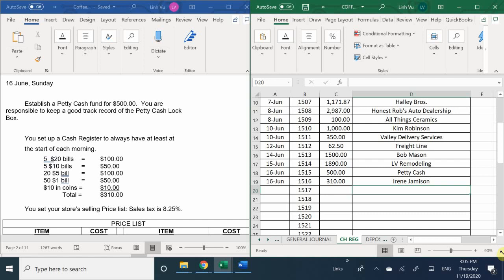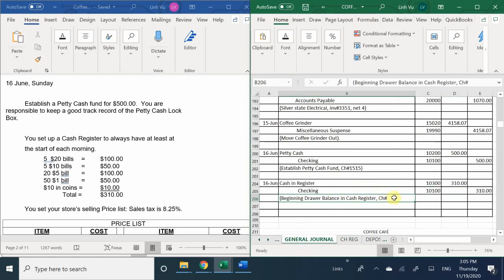You're going to write that this is for a cash register. But in this case, she's in charge of the cash register, so she's the one that's going to cash this out and put the money in the drawer. So check number 1516.